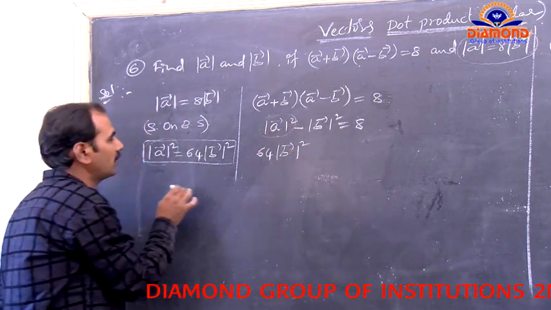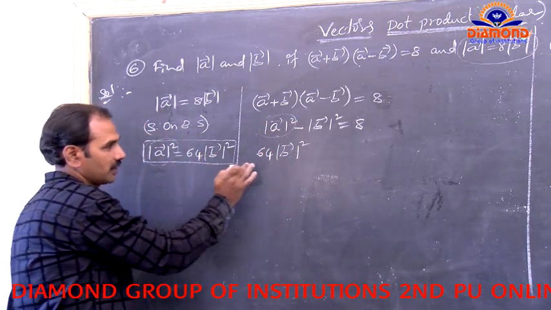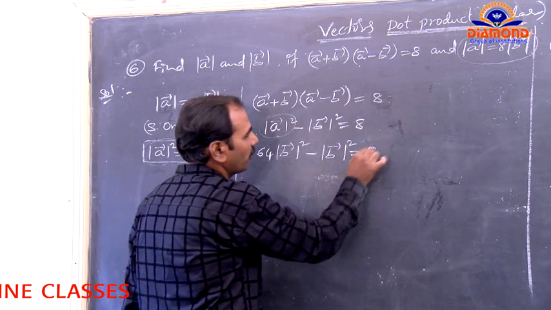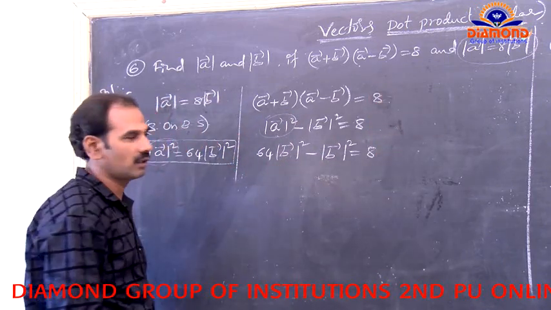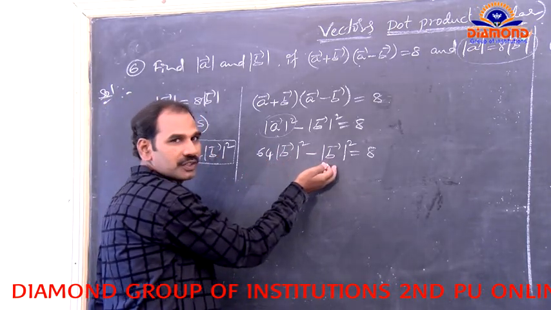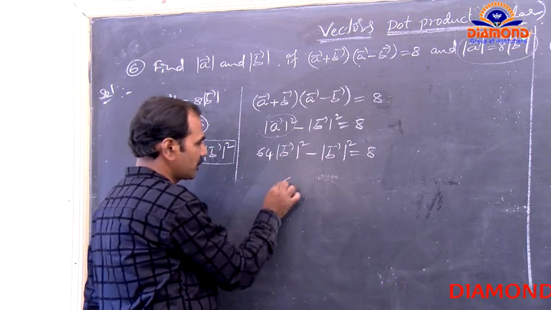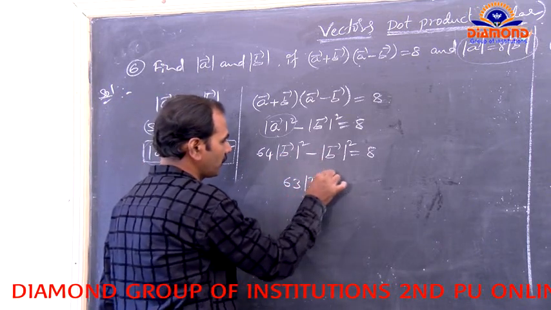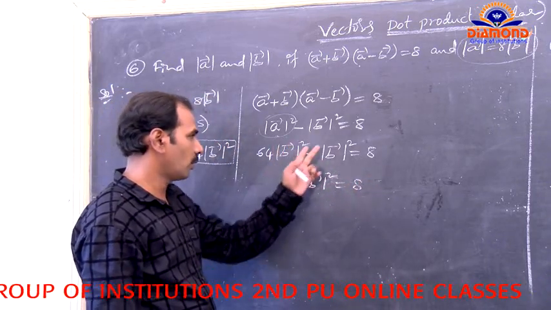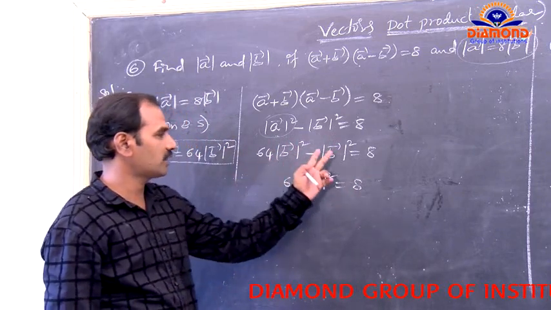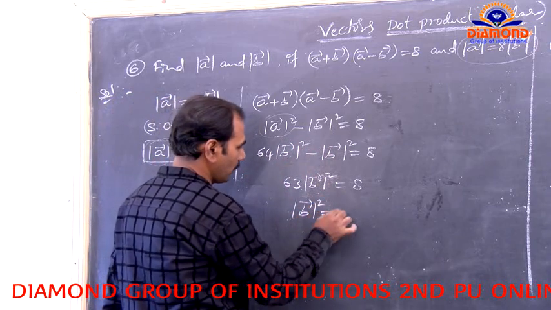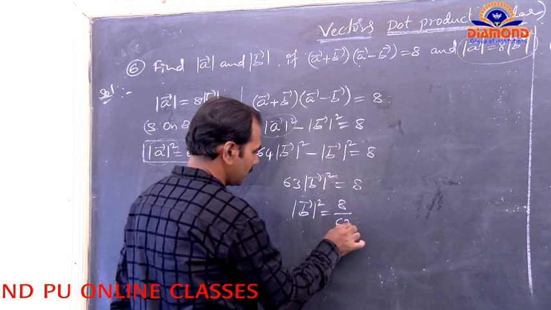So 64 magnitude of B square minus magnitude of B square equals 8. Taking magnitude of B square common, 64 minus 1 is 63 magnitude of B square equals 8. So magnitude of B square equals 8 divided by 63.